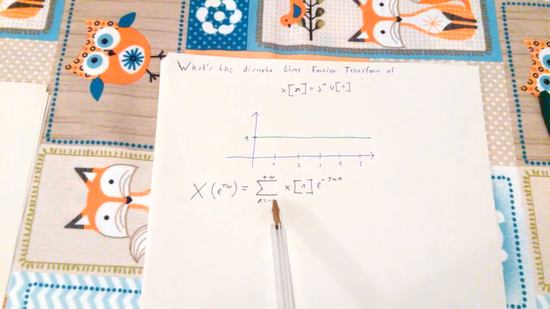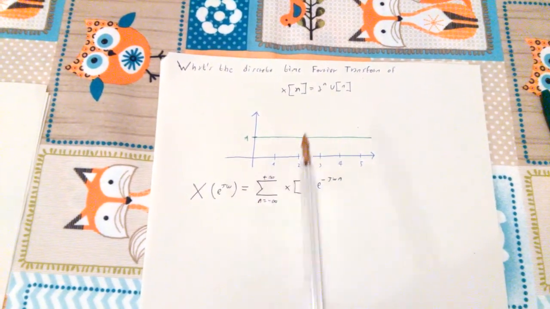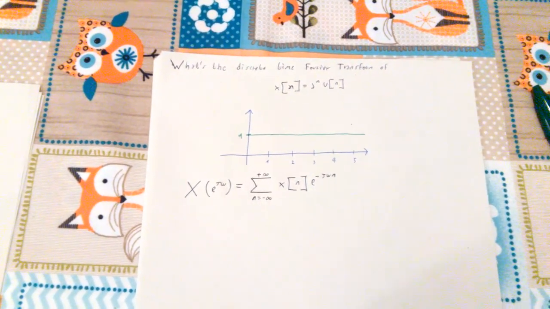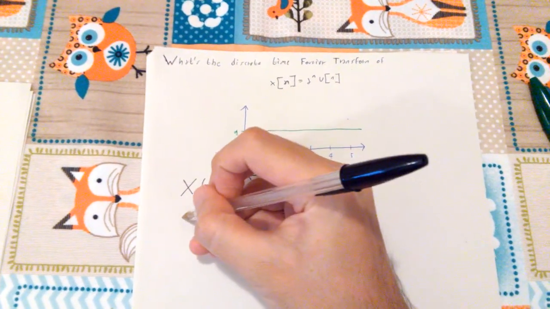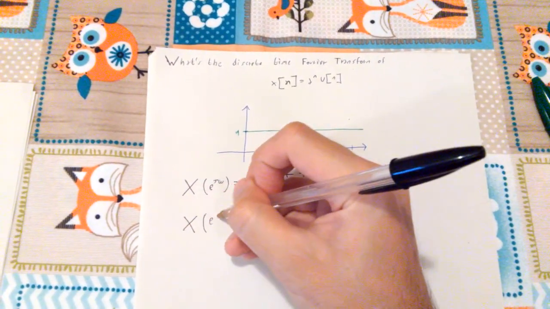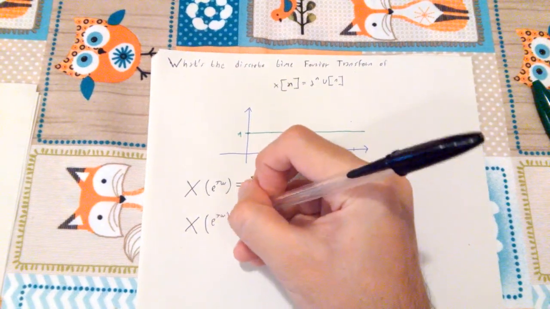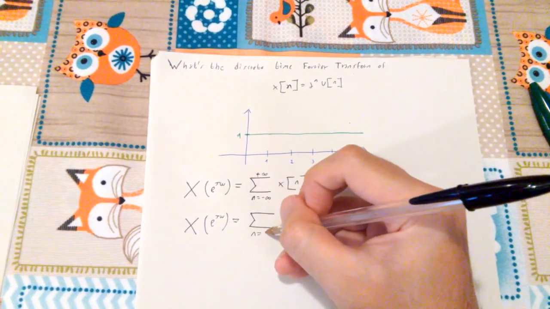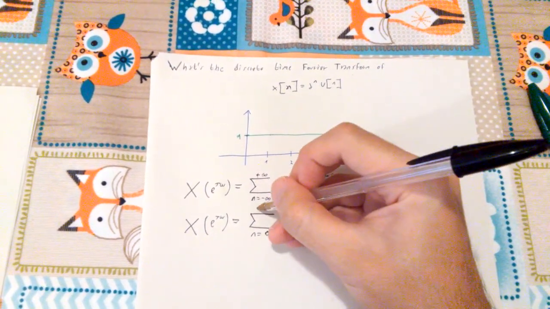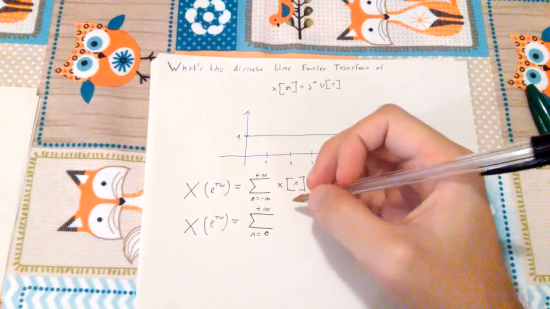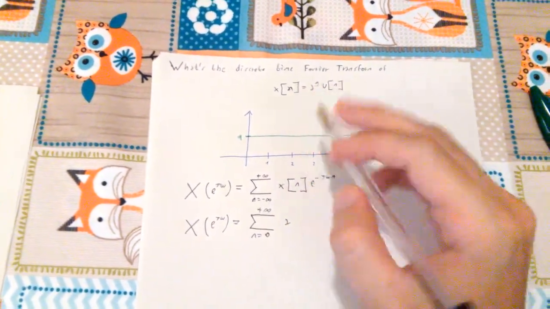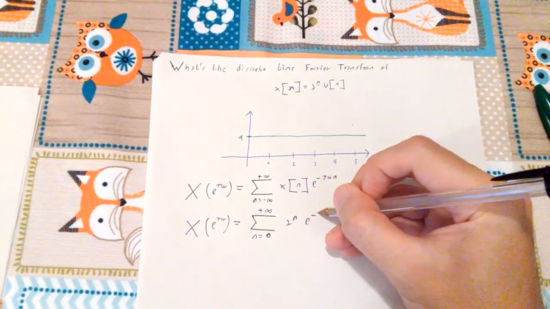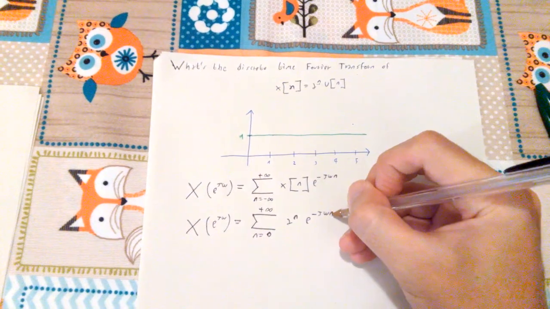They're going to become n going from 0 to infinity, because this one goes from 0 to infinity and is 1 there. So by doing this, X of e to the j omega is equal to the sum of n going from 0 to positive infinity of a to the n, e to the negative j omega n.